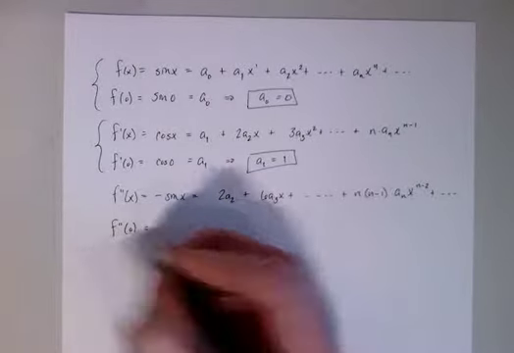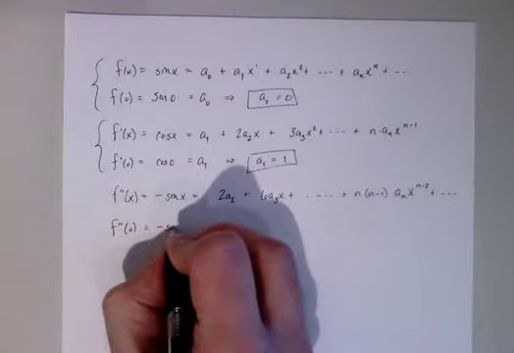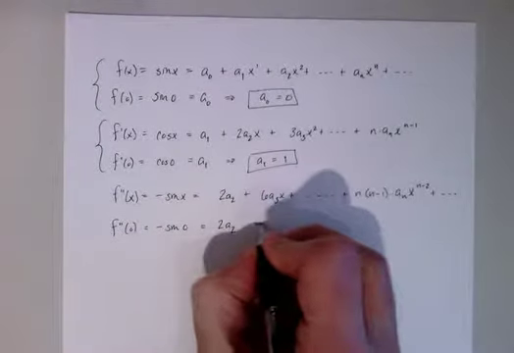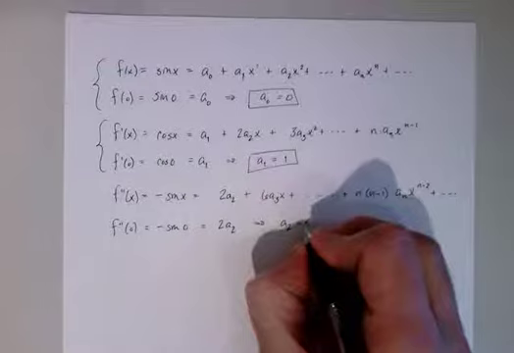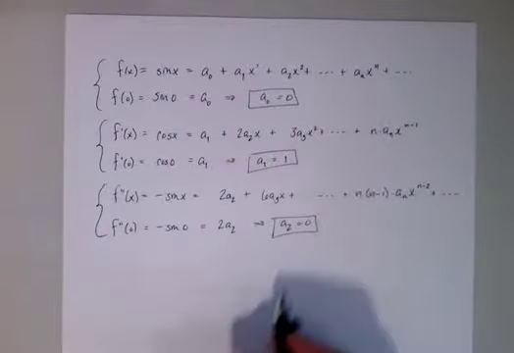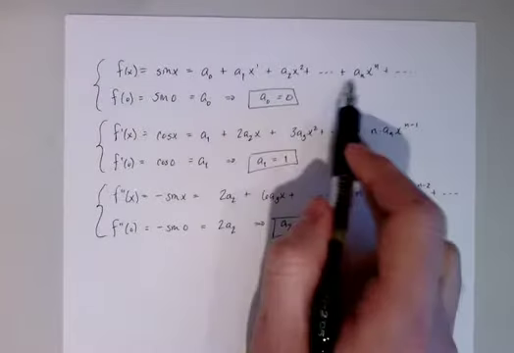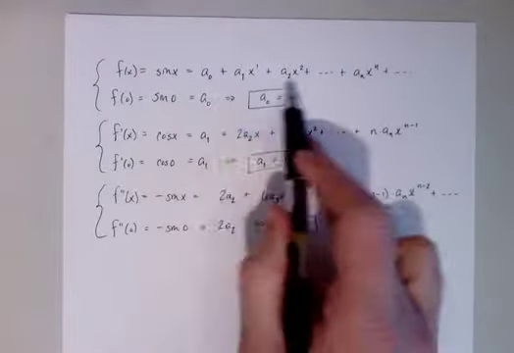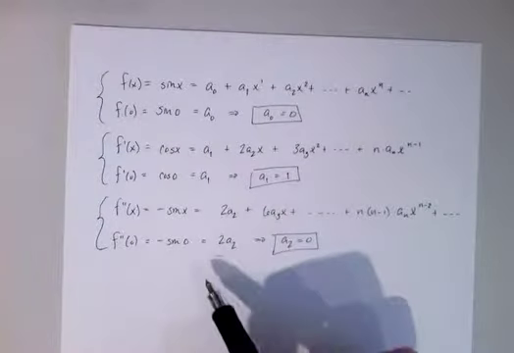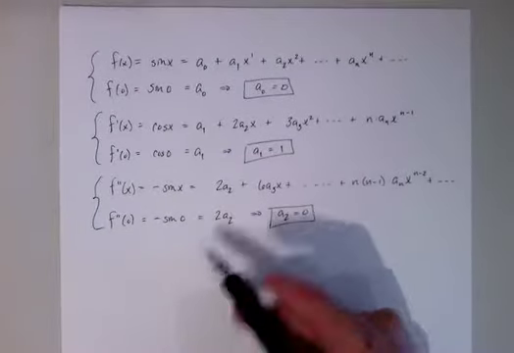Let's evaluate both the left side and the right side at 0. Well, that tells me that a sub 2 is equal to 0. Okay, well, now I'm getting somewhere, okay? Because all of these can be plugged back into the original, right? You're actually just solving for those coefficients by taking successive derivatives and plugging in the centering value.